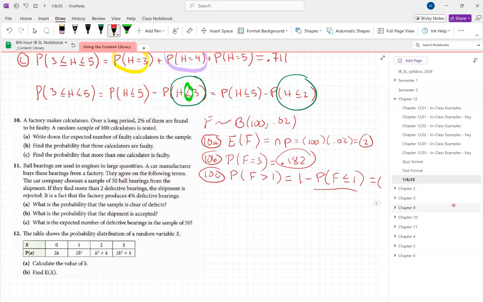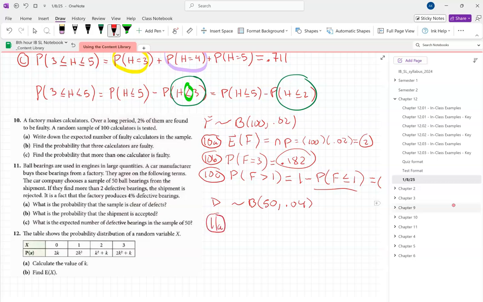The ball bearing is defective or not, right? I'm going to do some really nasty notation. Let's use D then for defective. I hated using B for ball bearing and then B for binomial. That makes me cringe.